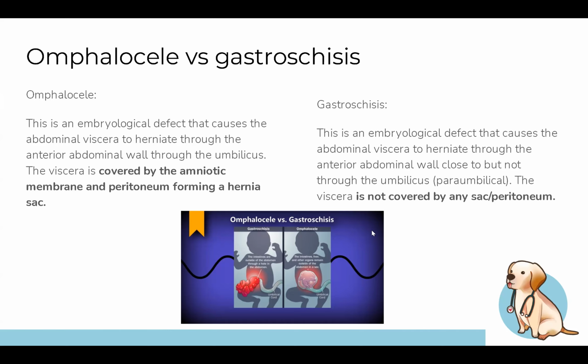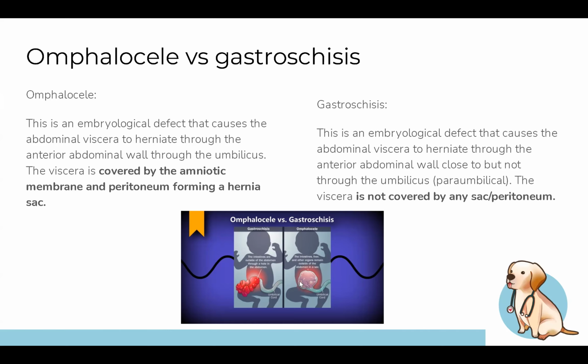Now, gastroschisis, on the other hand, the intestines might have retreated back inside after it's herniated, but it's the anterior abdominal wall that has either failed to close properly or just didn't form properly, or there might just be weakness in the wall. And so the contents herniate through the wall after it's already gone back inside.